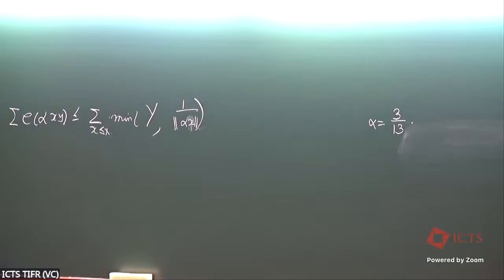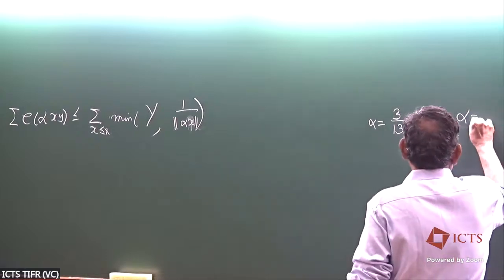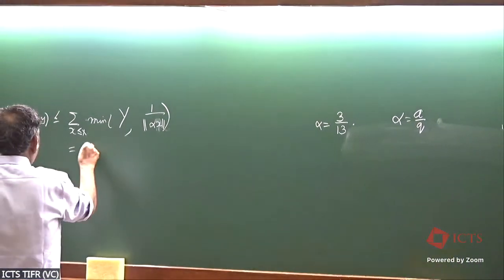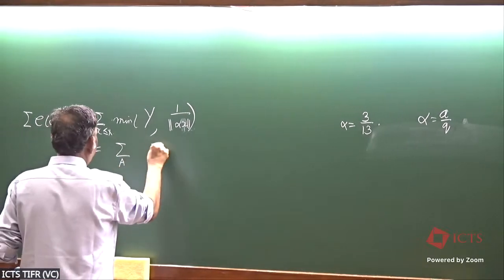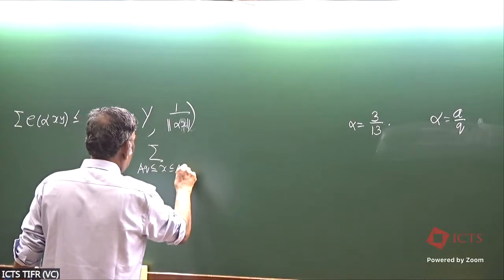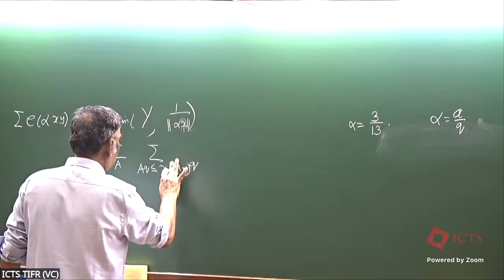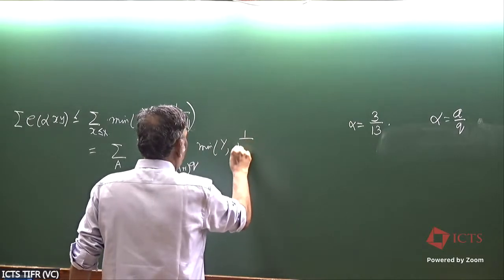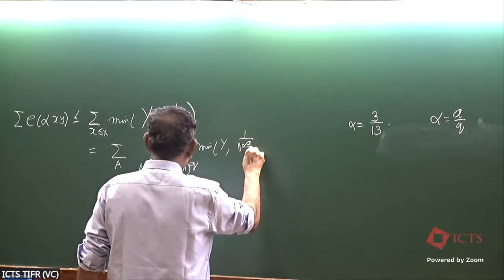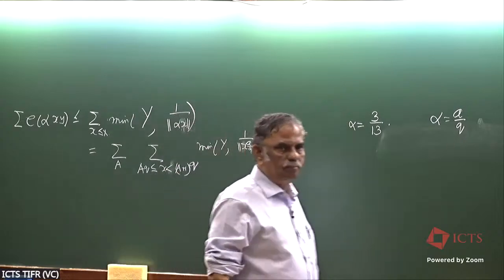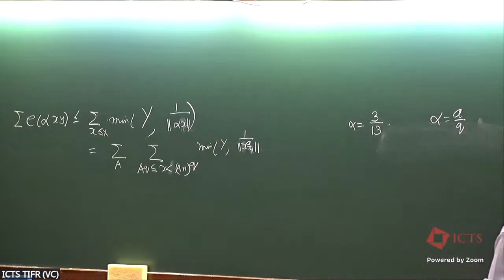Is it okay? Therefore, in particular, if alpha is a number like a over q, then I can break this into intervals of length q, the minimum of Y and 1 over norm of x a over q.